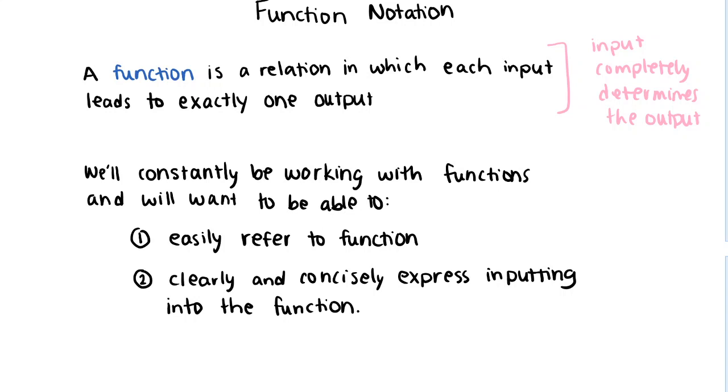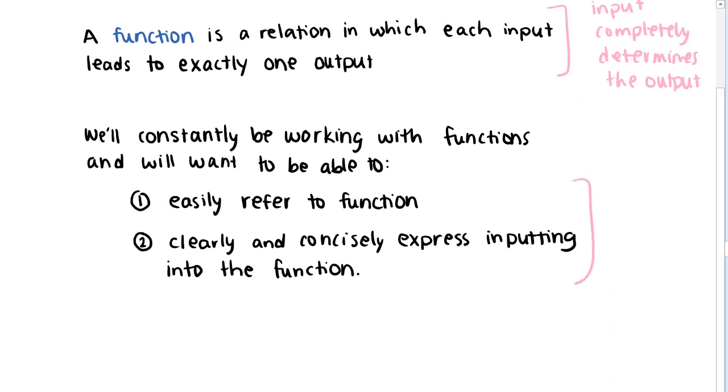Inputs in the functions are so important because they completely determine the output. And so we want to be able to very quickly and simply talk about inputting into a function. And so this is the idea behind function notation. This is notation that we've built up to be able to do these two ideas.